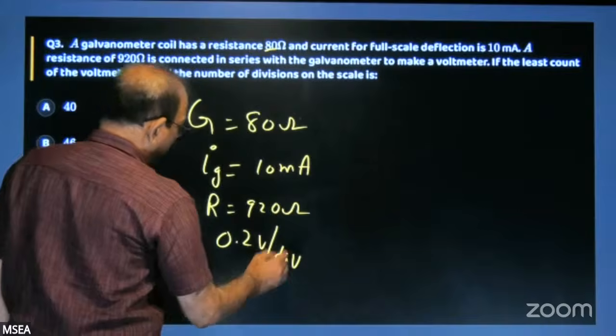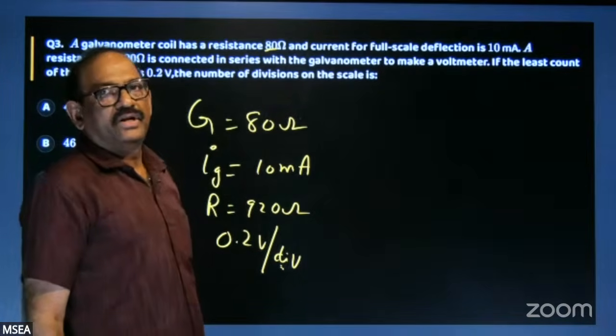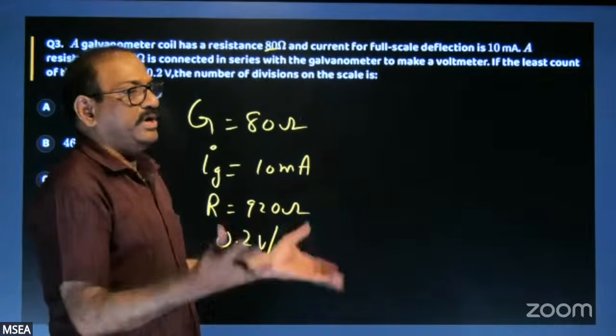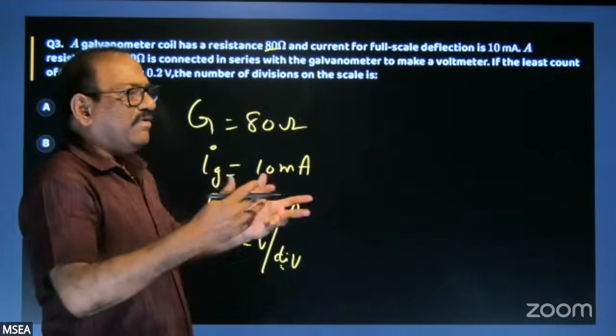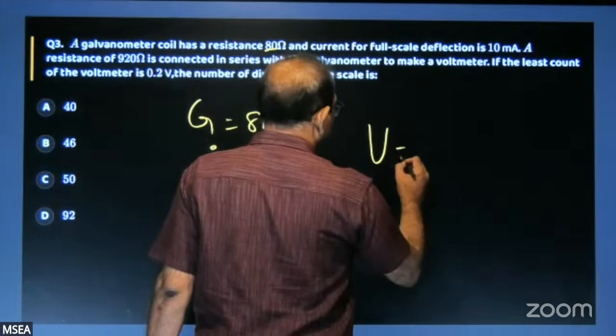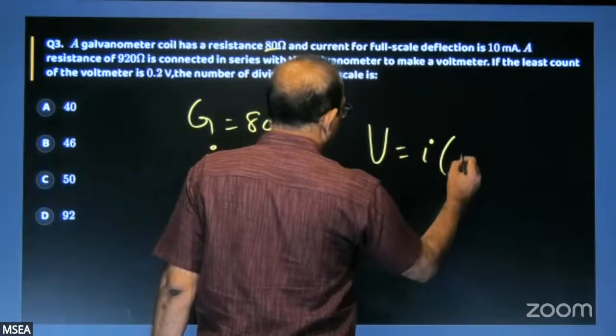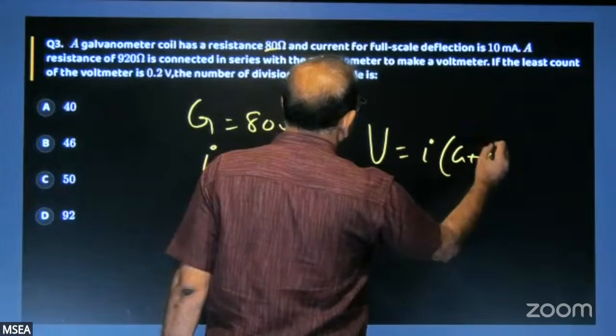Every division reads 0.2 volt in this voltmeter, he is telling. Total how many divisions are there? You find the maximum voltage that you can measure with that voltmeter. What is the voltmeter formula? V equals I into (G plus R).